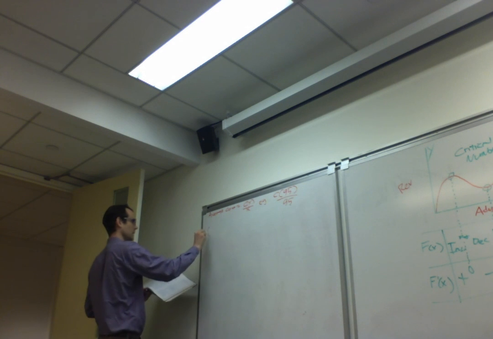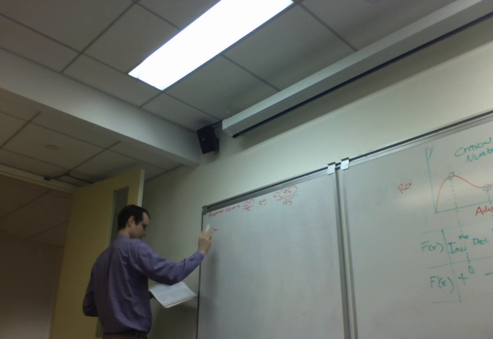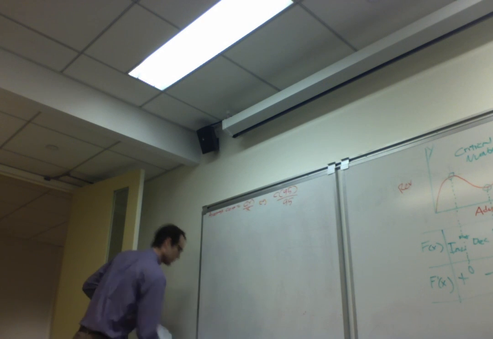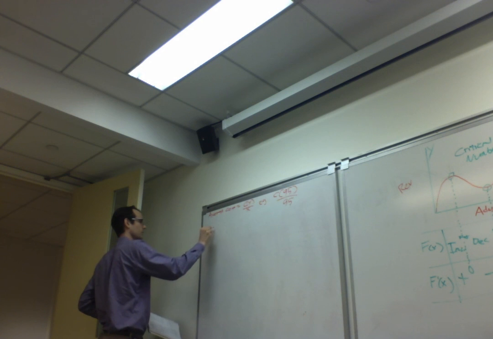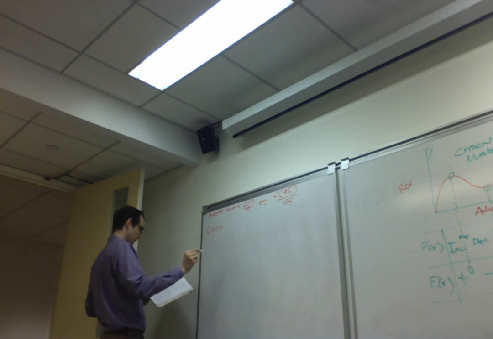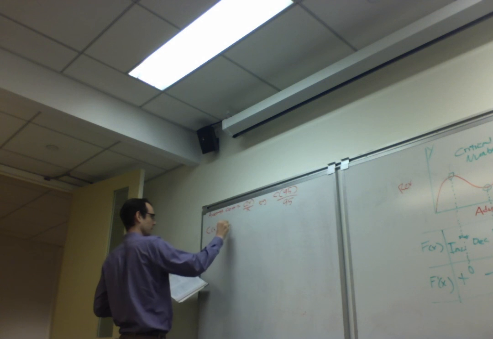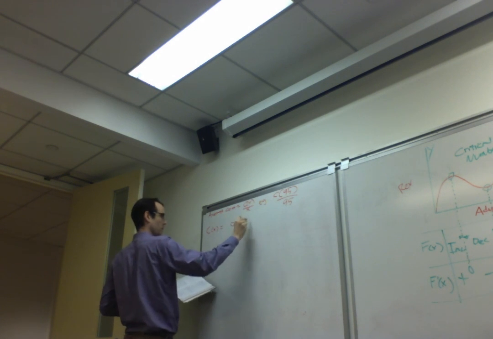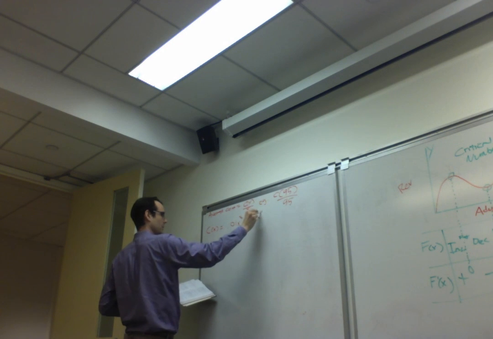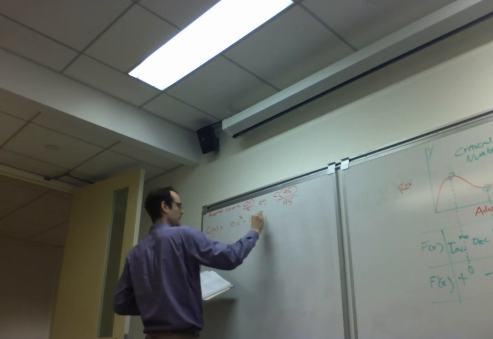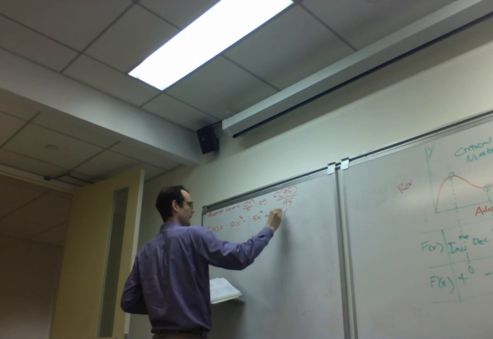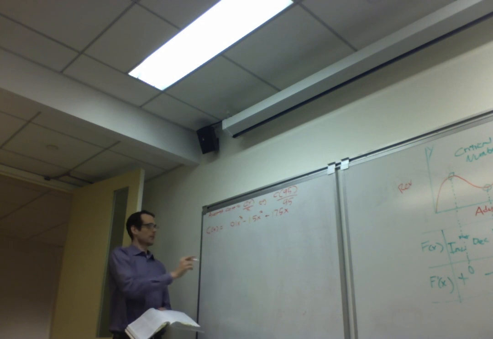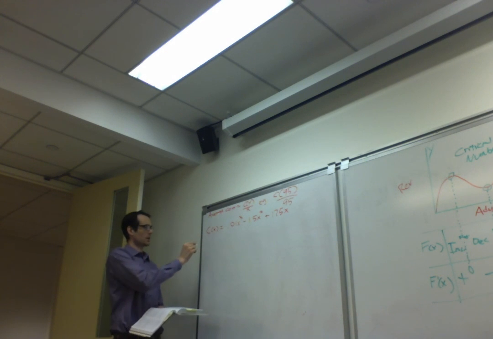So C of x equals, what is it, 0.01 x cubed minus 1.5 x squared plus 175 x. Okay, so that's our cost function. Now I want to find the average cost.